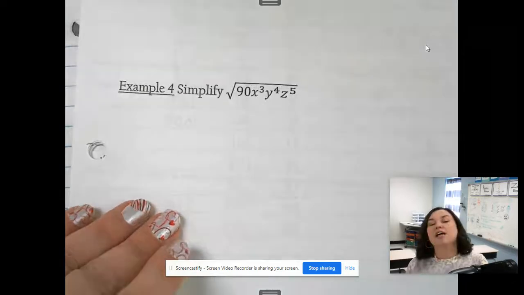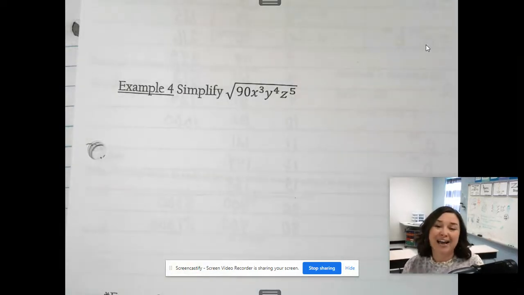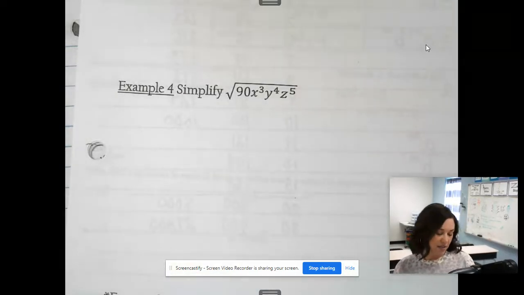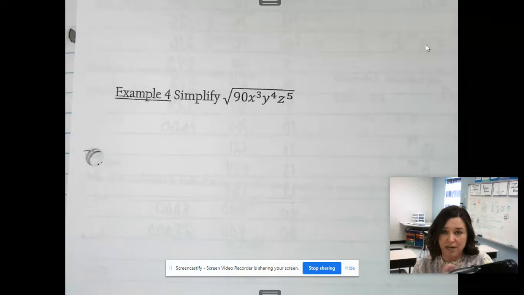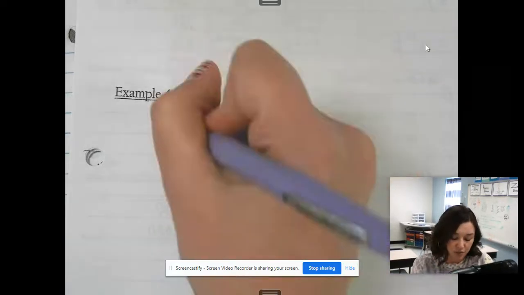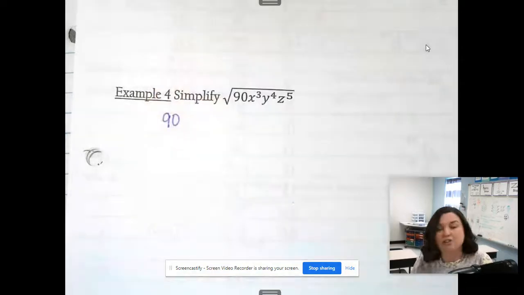But now let's go to example 4 on this page. This has variables. We haven't done any with variables yet. So the first thing I want you to realize is that the number part is the same. So we're going to start with breaking down the number part first and then look at the variable. So for the number part, I'm going to do the factor tree for 90.